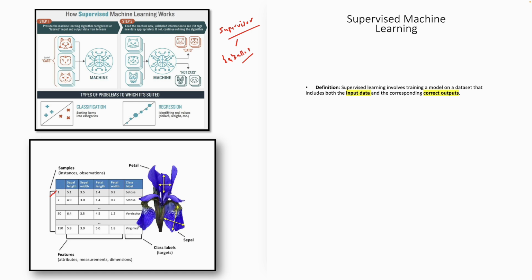So what I want to tell you is that this is the kind of input you are giving, but you already are giving the output as well, right? You are labeling your data. So that's why it says it's a data set that includes both input data. What is my input data? Input data is sepal length, sepal width, petal length, petal width, and the corresponding output. The corresponding output is whether it is a setosa, whether it's a versicolor.